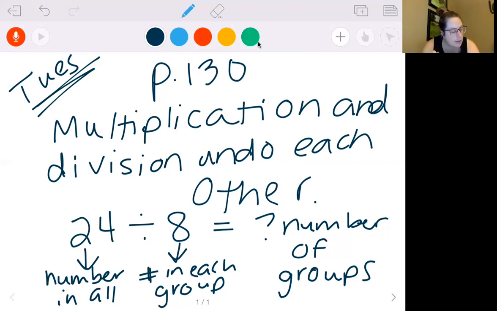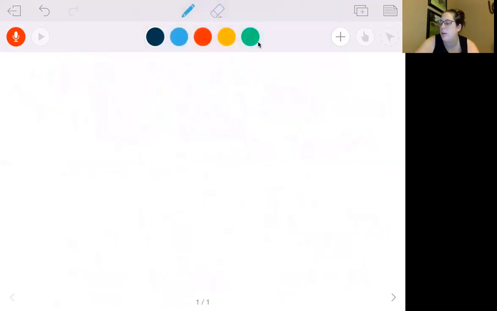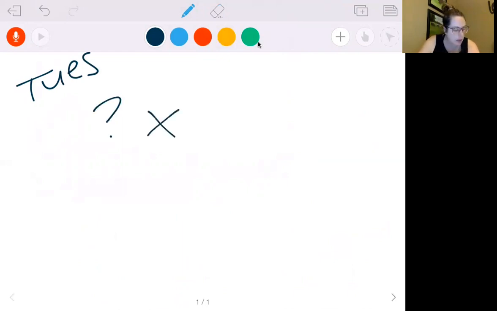Now it says think about the meaning of multiplication. If you look in your book, I don't have any room to write it here. Let me clear out and then we'll write that. The meaning of multiplication is the number of groups. We don't know what that is yet, so we're going to put a question mark.